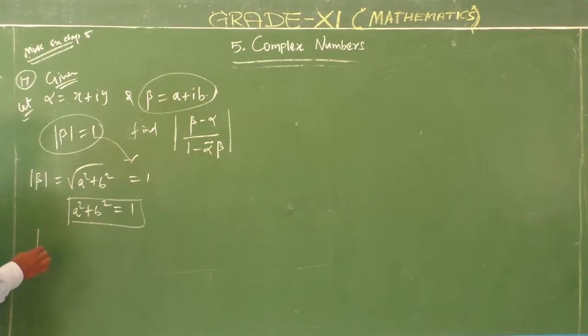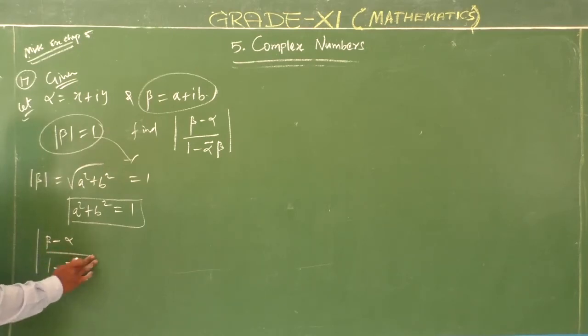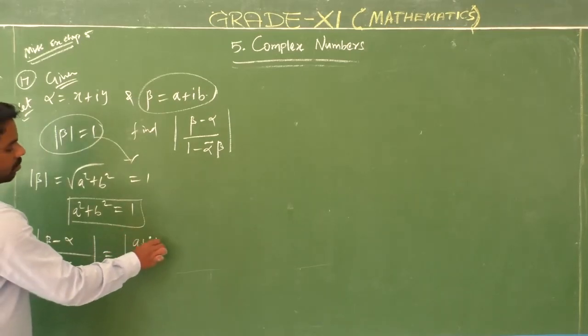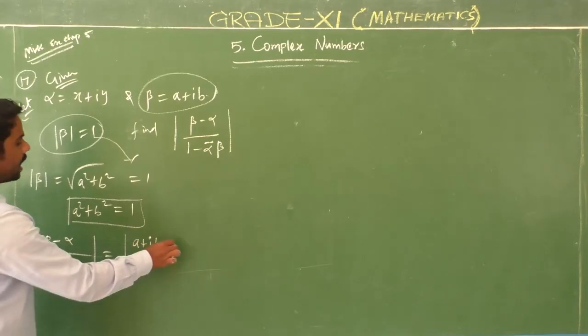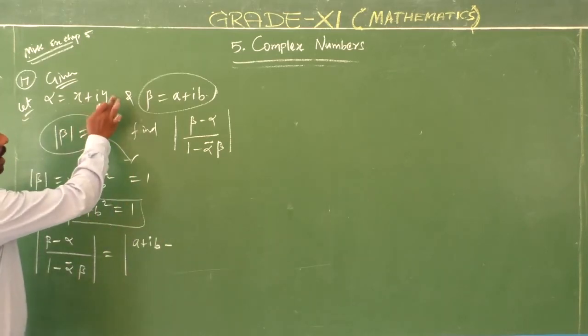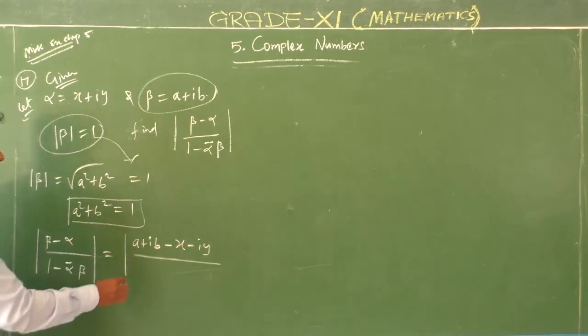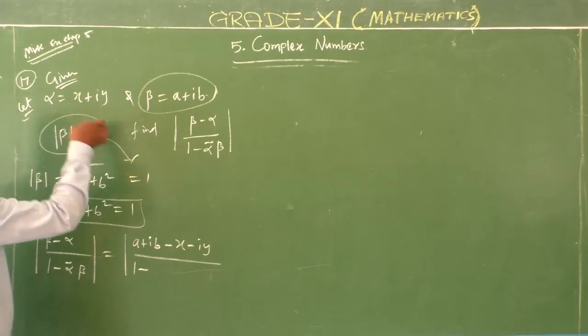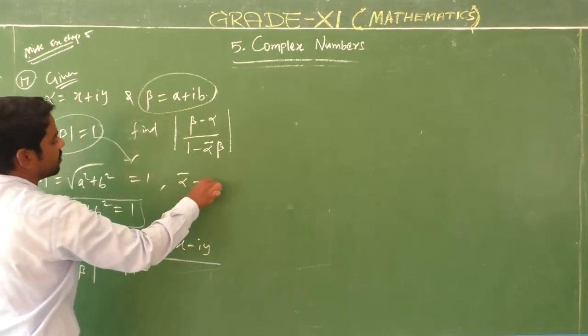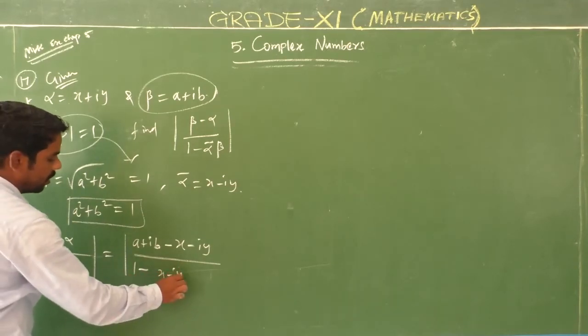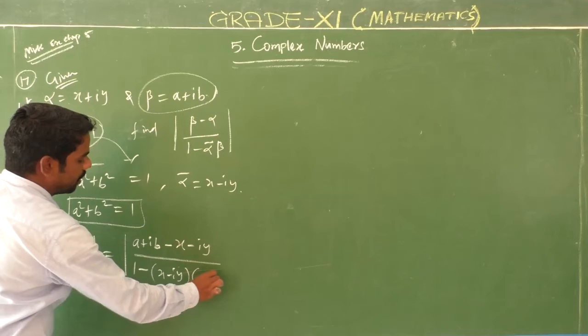The modulus of beta minus alpha divided by 1 minus alpha bar beta is equal to the modulus of: beta is a plus ib, minus alpha which is x plus iy, minus of x plus iy is minus x minus iy, whole divided by 1 minus alpha bar, where alpha bar is x minus iy, into beta which is a plus ib.